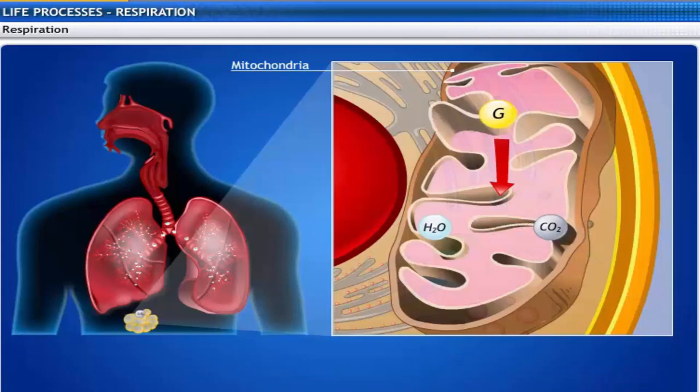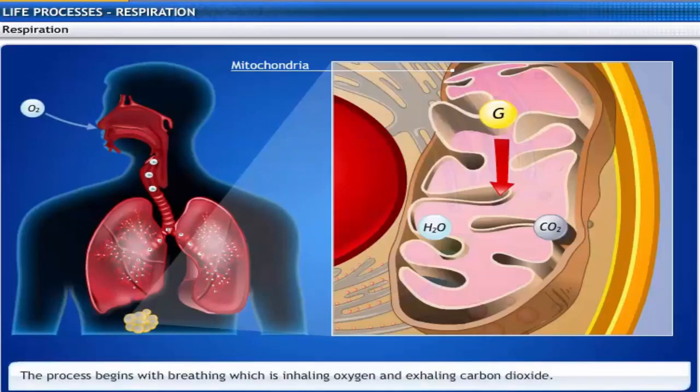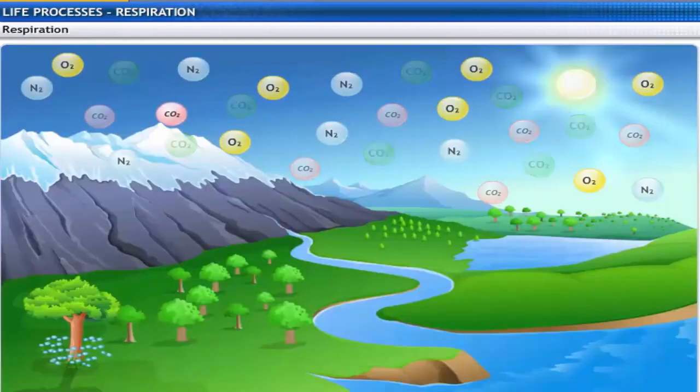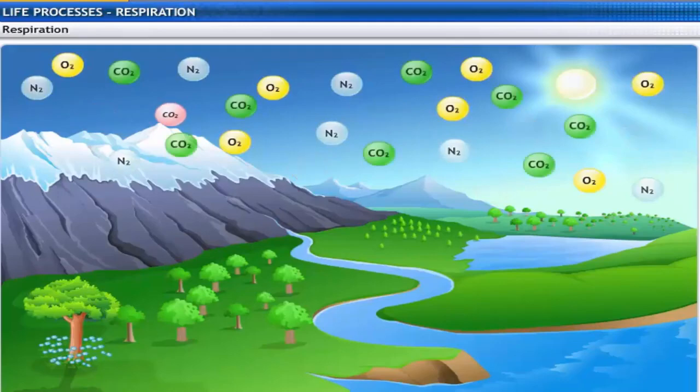The carbon dioxide gets eliminated from the body, but the oxygen remains behind. This process of inhaling oxygen and exhaling carbon dioxide is called breathing, and the metabolic process for producing energy is known as respiration.